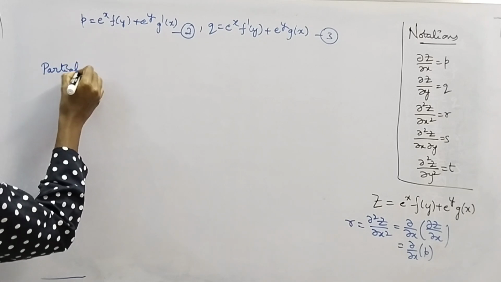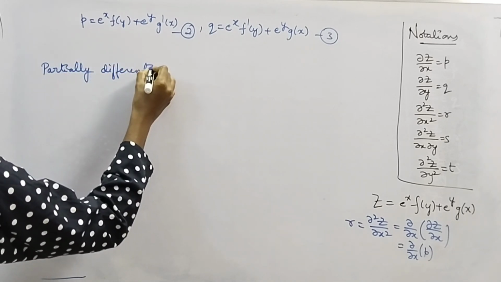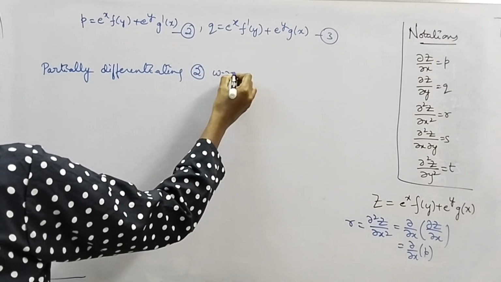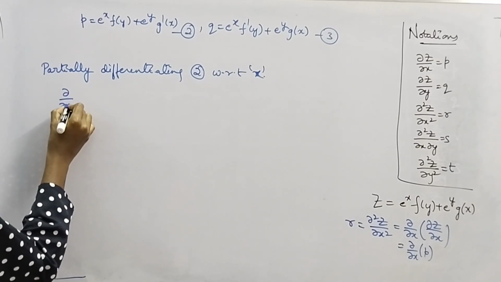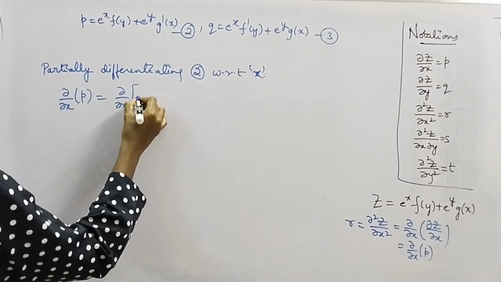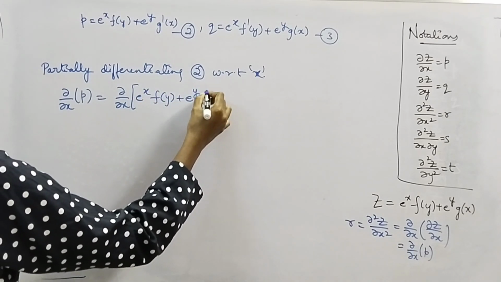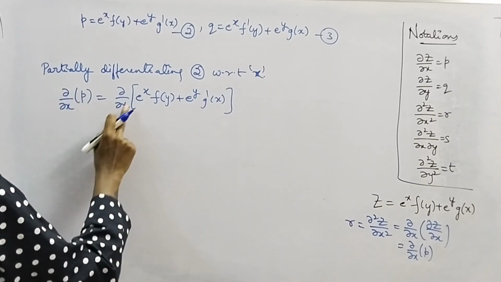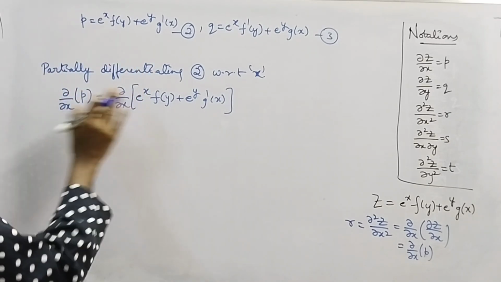Now partially differentiating with respect to x. This gives us dou by dou x of p equal to dou by dou x of e power x f of y plus e power y g dash of x. See here, it's not necessary to write dou by dou x on both sides of 2. Just to avoid error, we are writing it.